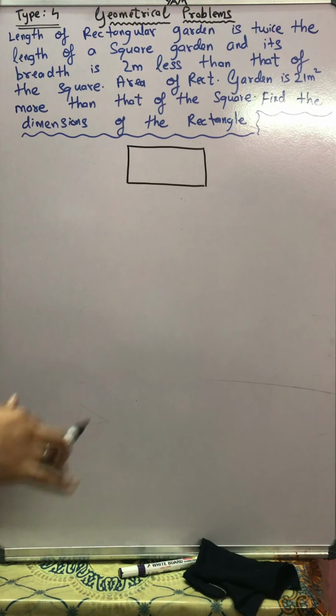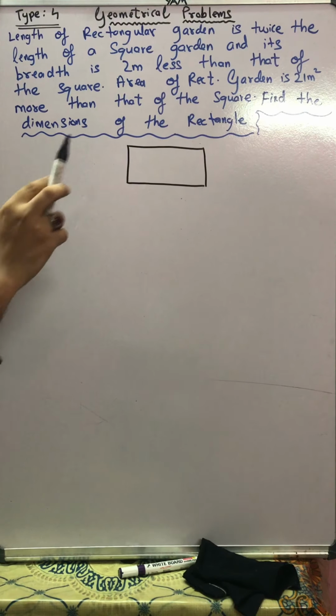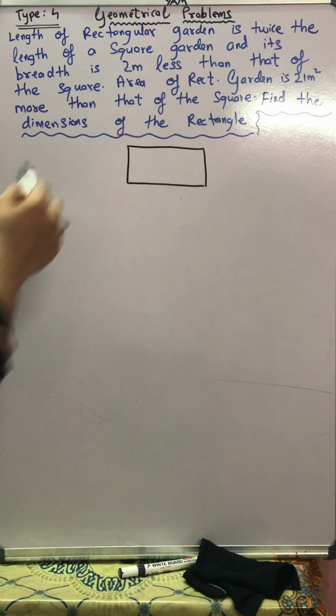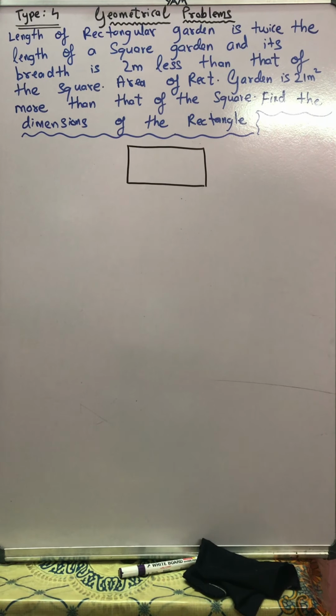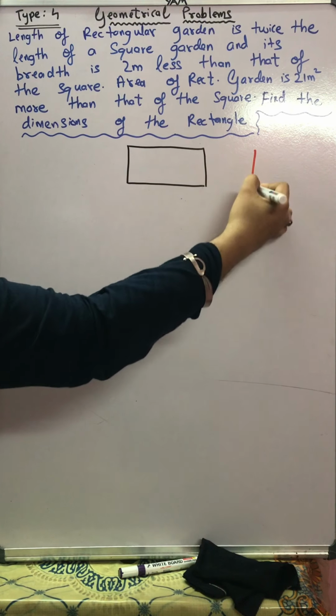Very frankly, I also did not understand anything, but I understand one thing, that I have two gardens now. First is the rectangular garden and the other is the square garden. So let me draw a square garden first. I am interested in gardens, not the question.